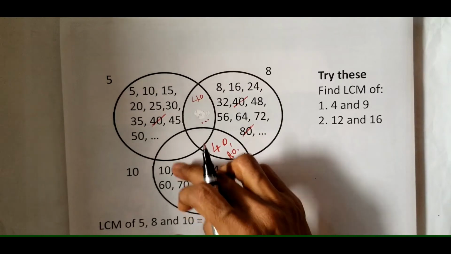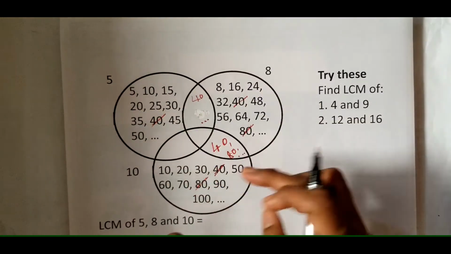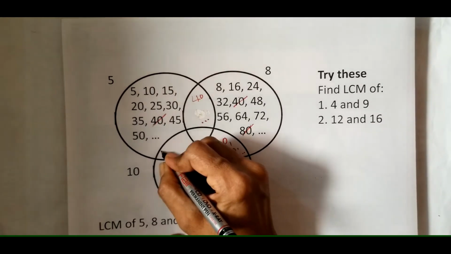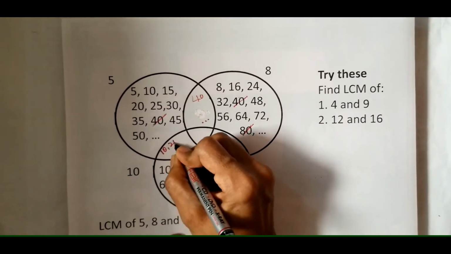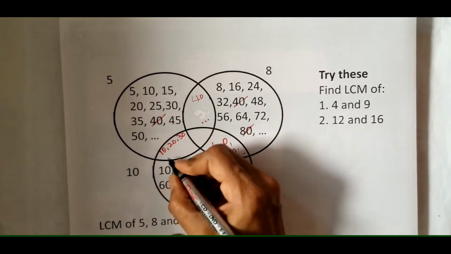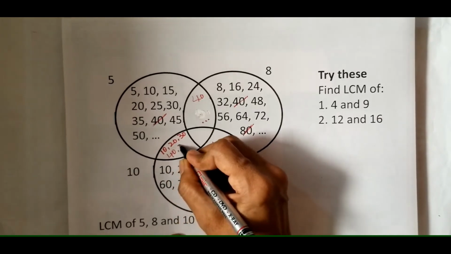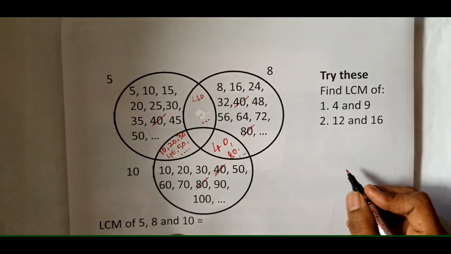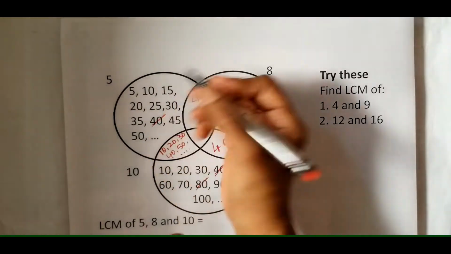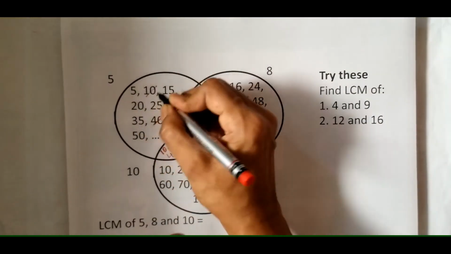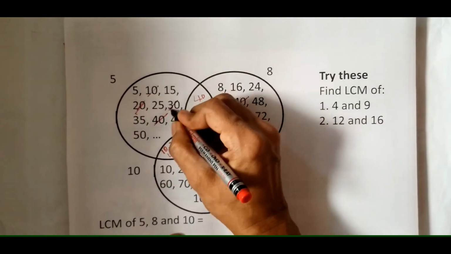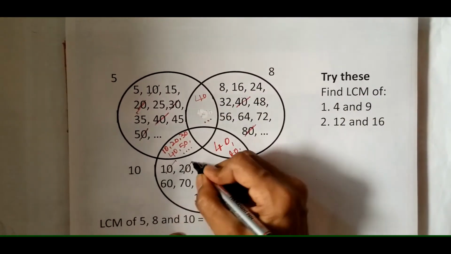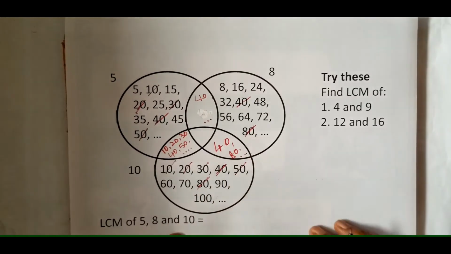Okay, now between 5 and 10, it will be 10, 20, 30, 40, 50 and so on. Followed? So I have to cut 10, 20, 30, 40 and 50.